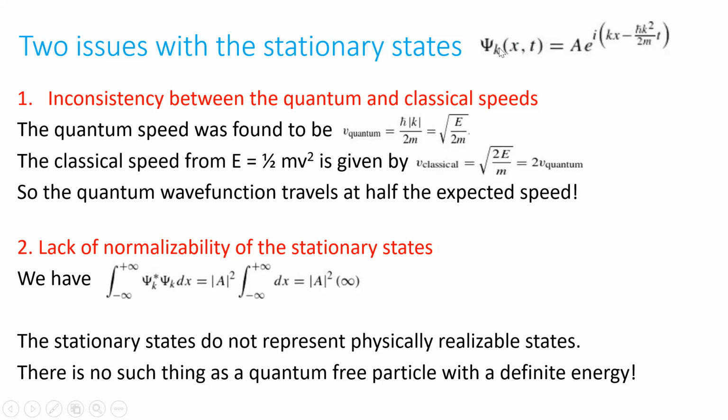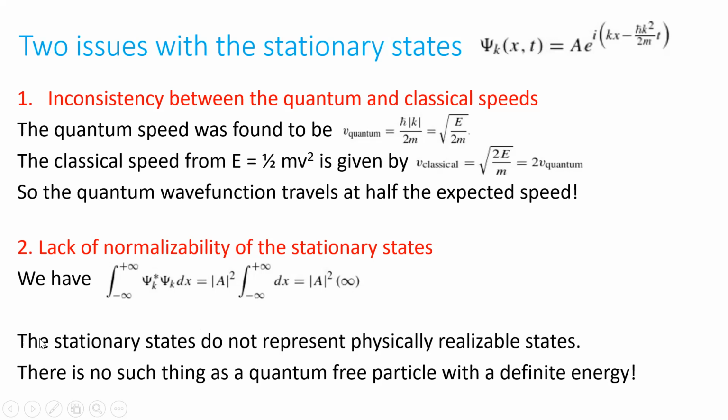If we multiply that by this back again, the e to the minus i times all this cancels e to the i times all this, and we just get a squared. So we can pull out the a squared, and we're left with just the integral from minus infinity to infinity of 1 dx. But that diverges, because if you integrate 1 from minus infinity to infinity, that's infinity. So there's no value of a that we can choose to make this integral equal to 1. It's an infinite integral.